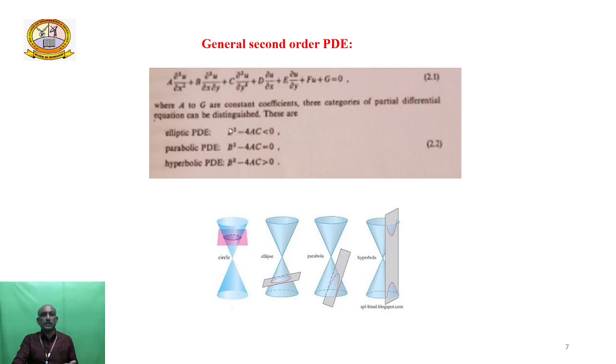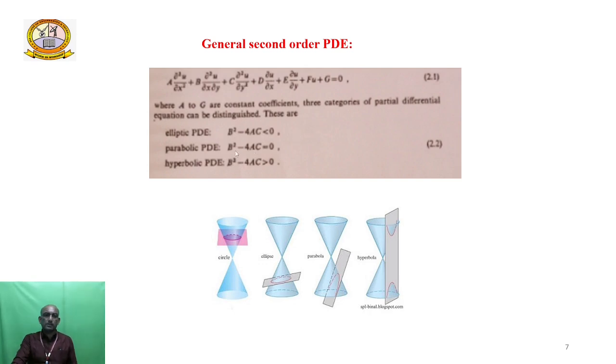It can be calculated with the simple expression b squared minus 4ac. If the value of b squared minus 4ac is negative, less than 0, the flow is elliptical. The condition for elliptical flow is b squared minus 4ac less than 0, meaning a negative value.